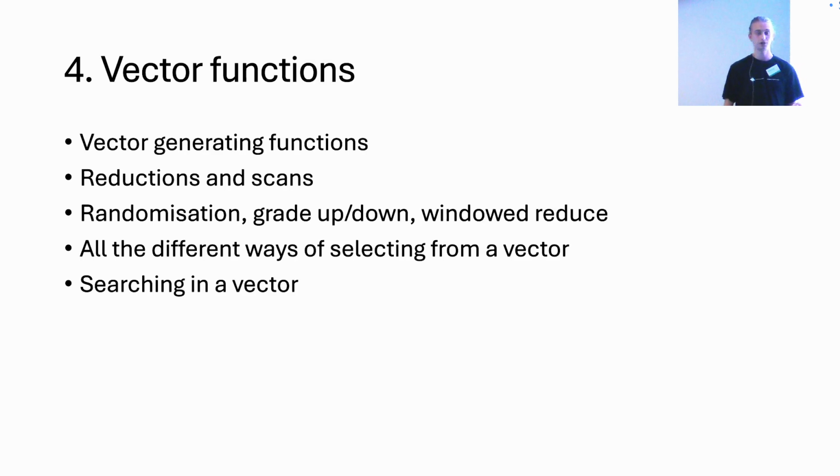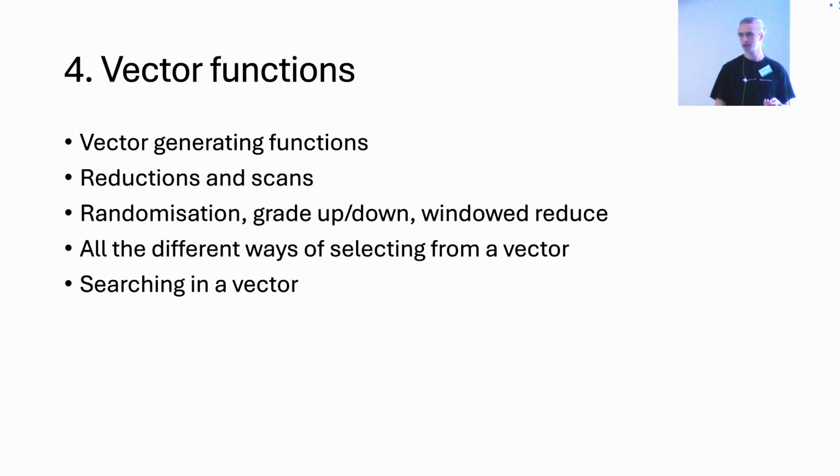Chapter 4, vector functions. This chapter is on vector generating functions, for example, replicate and what others are there? Iota, the question mark generator function, all of those functions that instead of reducing or doing operations on vectors, produce vectors.